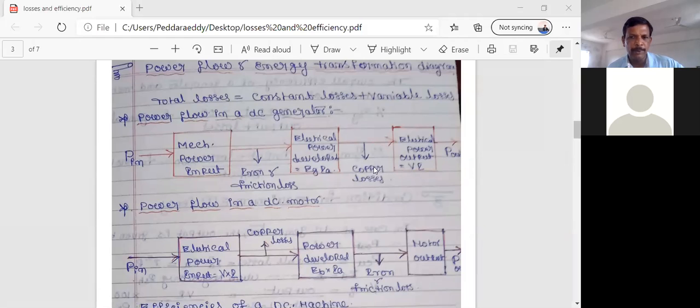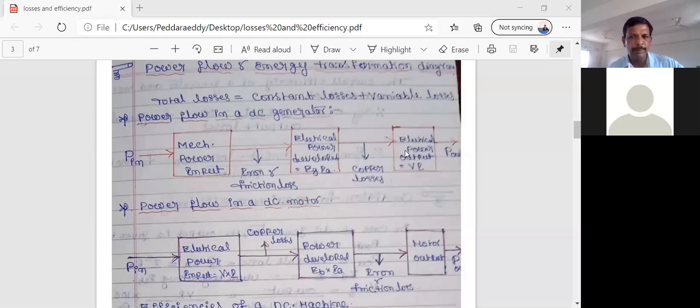Look at this block: the input is the electrical power developed, and this is the output. What's the formula for efficiency? Output by input into 100. So this is the output for electrical efficiency and this is the input.